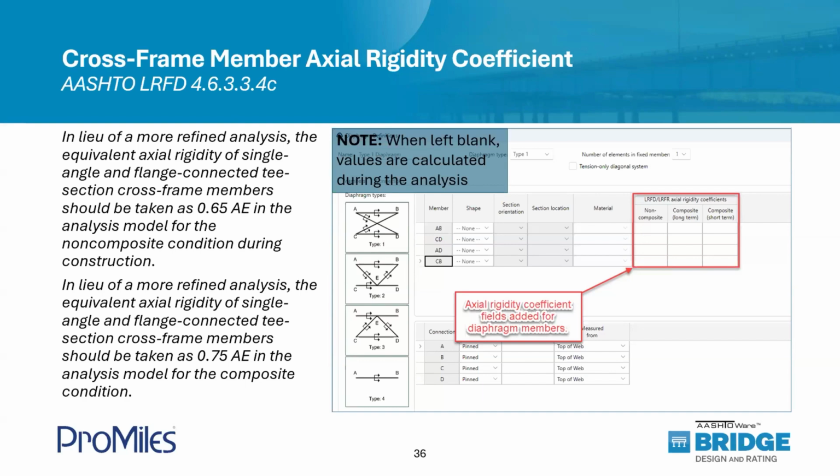And this way, the flexural rigidity of these members will be unaffected. Whenever this table of values is left blank, the coefficients will be computed according to the AASHTO specs, which is 0.65 AE for the non-composite model and 0.75 AE for the composite model.